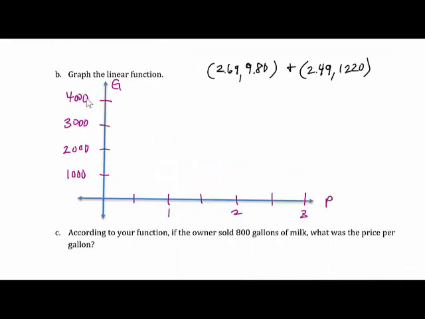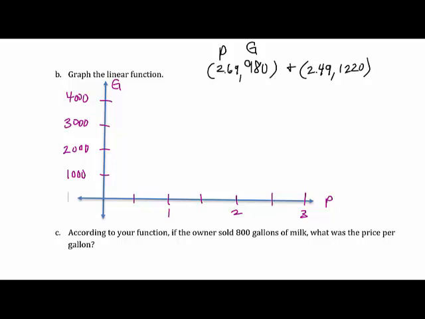In part B, we're asked to graph the linear function. Luckily, we have 2 points already given, so we're just going to graph these ordered pairs and ensure our line passes through them. So 2.69, 980. We're going to first go to our p-axis, which is the price, and then to the g-axis, which is the number of gallons of milk.